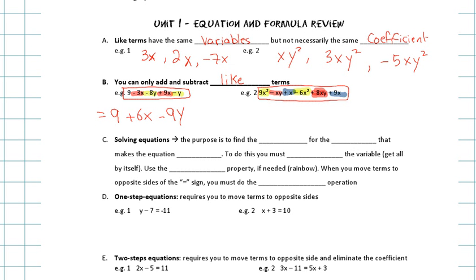You can do that on the calculator, 9 take away 6. Then minus xy plus 8xy is plus 7xy. Plus 10x. You see that you're adding the coefficients, so the numbers, but the letter stays the same.